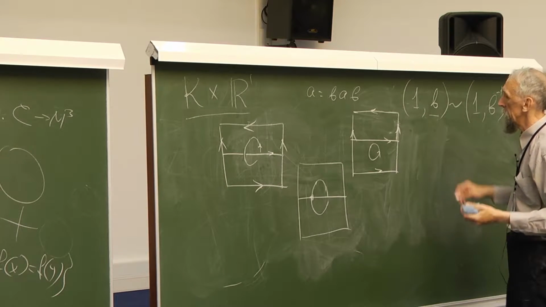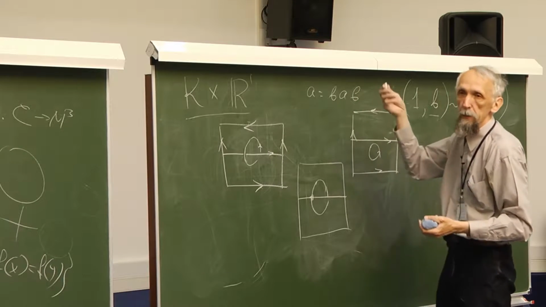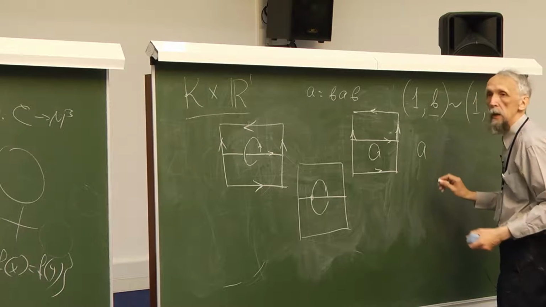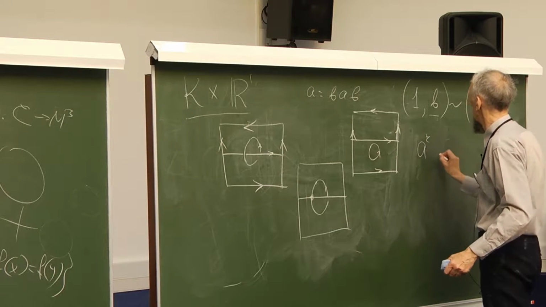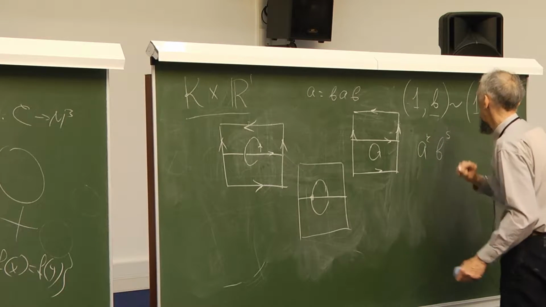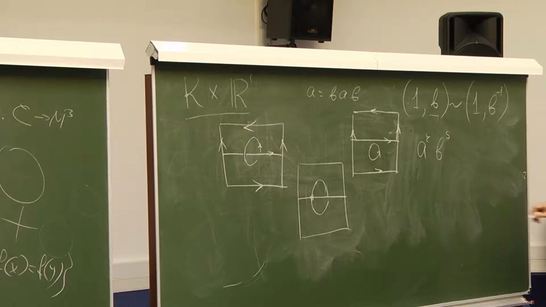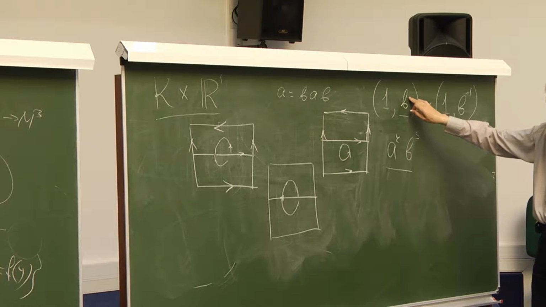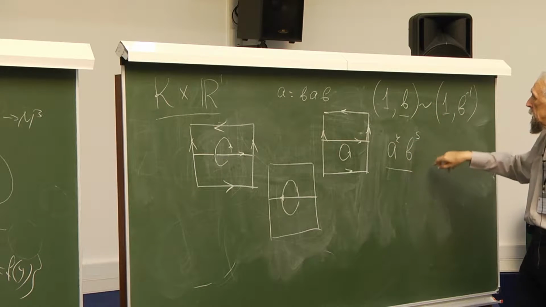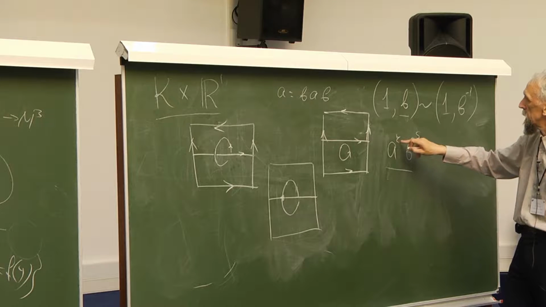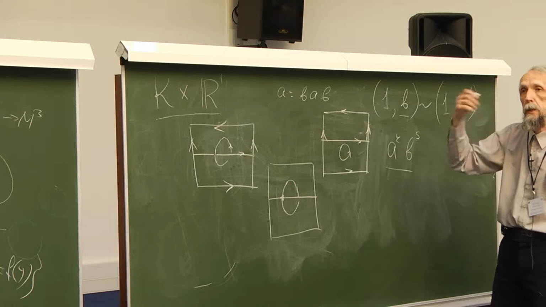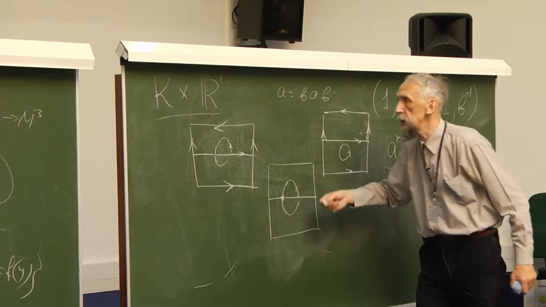We know, it is easy to see that all the elements of the fundamental group of the Klein bottle can be reduced in a unique way to this normal form. And all the elements of this kind which commute with B are exactly such elements for which this R, the power of A, is even. And so these are the elements which don't destroy the orientation.